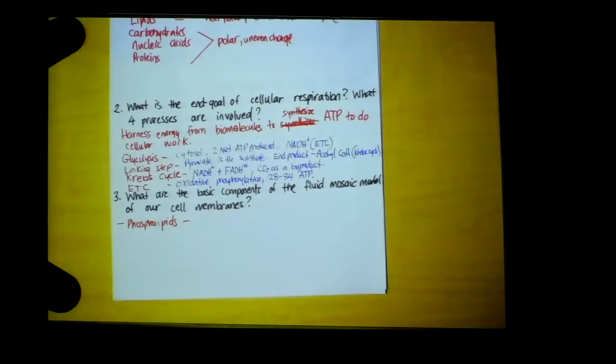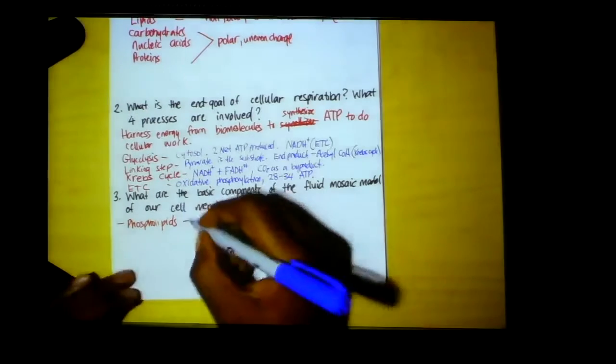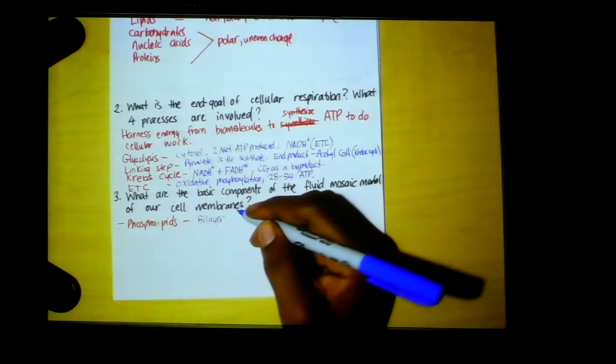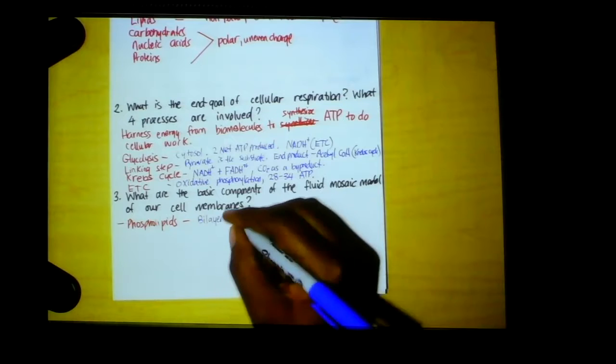And what did phospholipids offer to the membrane? Right, so it made the bilayer, which is really important. And what about a phospholipid? We said that it was amphipathic.